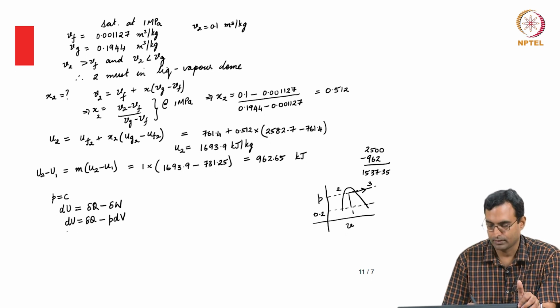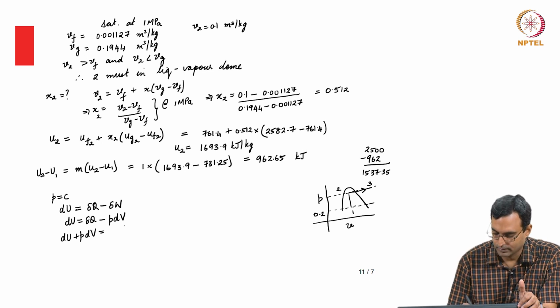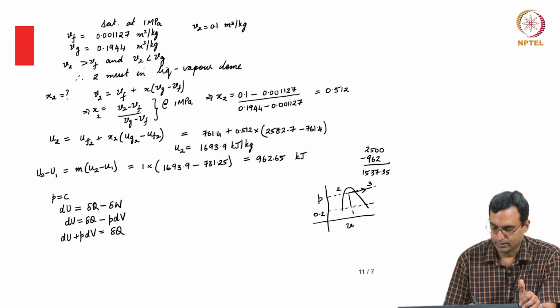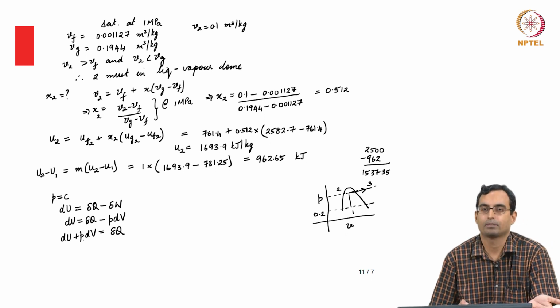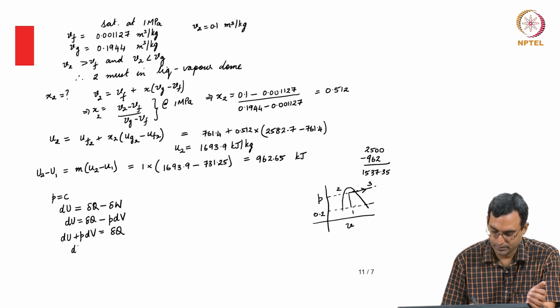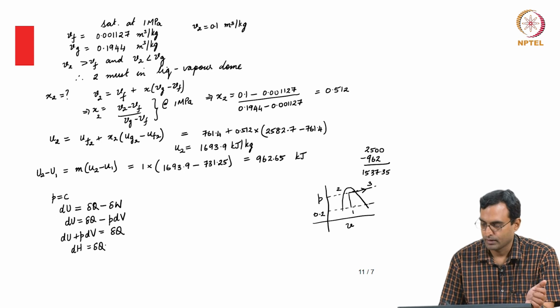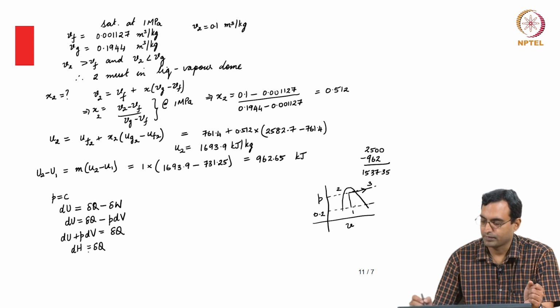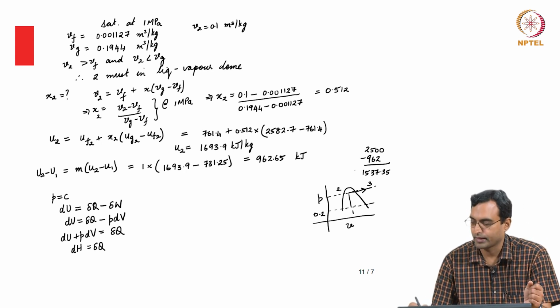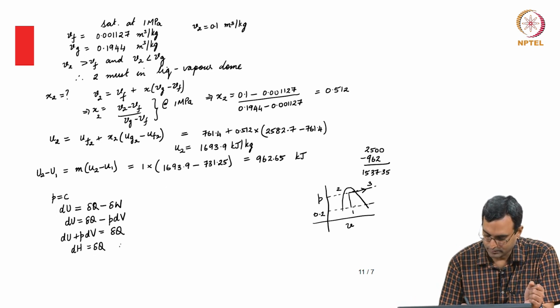We can club this du and P dV. So, we have du plus P dV is del q. This is P dV, you can add V dP to it, because dP is 0, it is a constant pressure process, and this essentially becomes dH is essentially del q. So, we know how much of heat is given here. So, it is 1537.35.